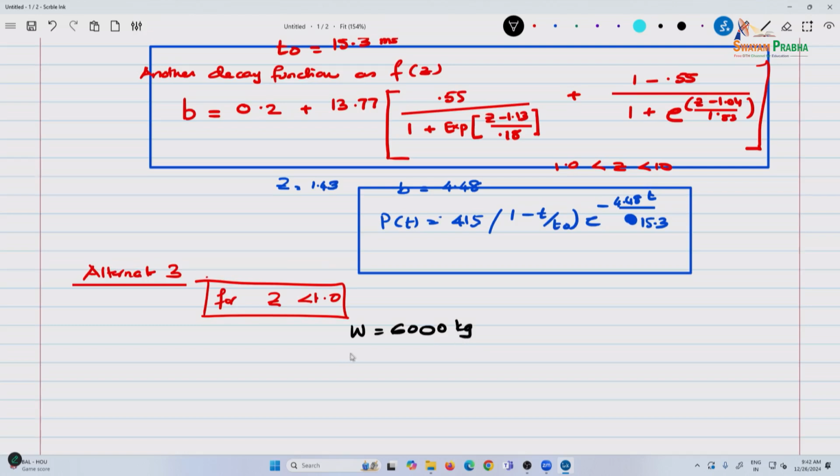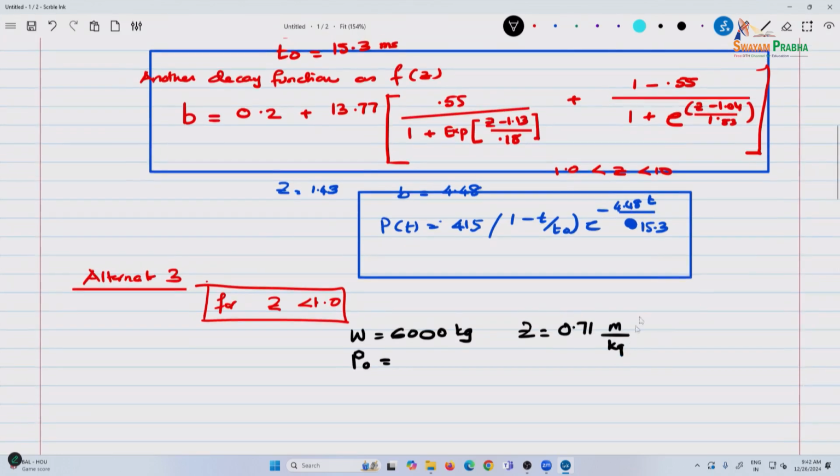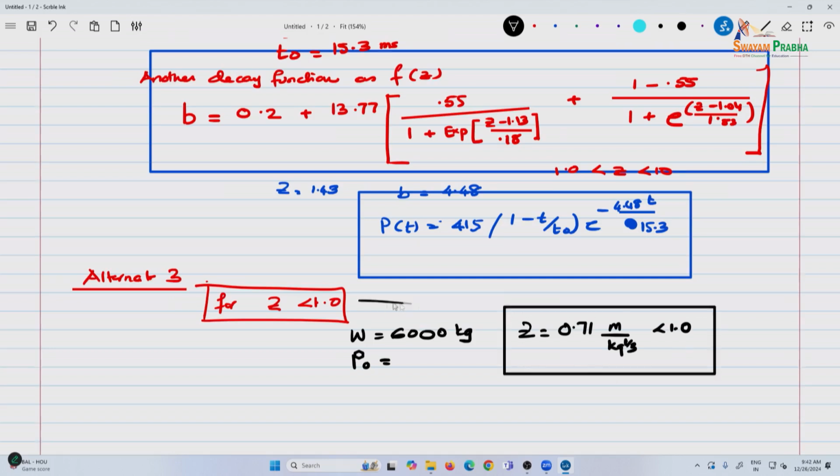This is a high case. P naught, and Z comes to 0.71 in this case, I'm not given the R value. So here you will see that this Z is less than 1.0. And P naught is 1925 kilopascals, with I s of 30 to 35 kilopascal milliseconds, and t naught is 16.4 milliseconds.